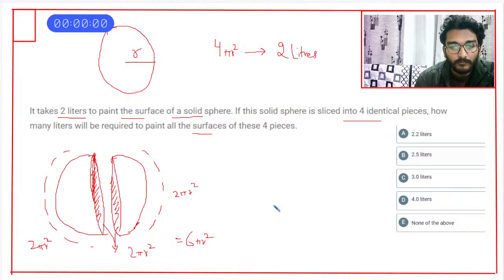If I cut it one more time, it will generate one more 2 pi r square on one cut. There is a 2 pi r square addition. On 2 cuts, there will be a 4 pi r square addition.